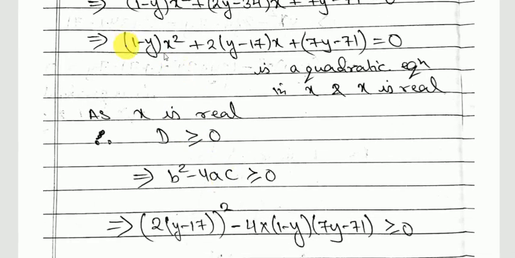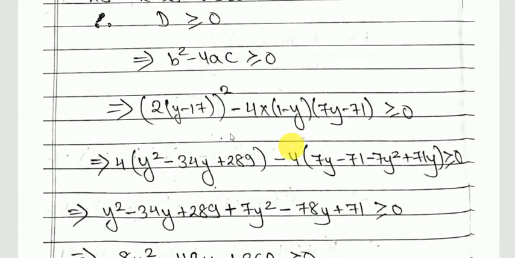Yes, so for this quadratic equation, discriminant is greater than or equal to 0, that means b square minus 4ac is greater than or equal to 0. So for this quadratic equation, what is b? b is 2 into y minus 17, a is 1 minus y, and c is 7y minus 71.